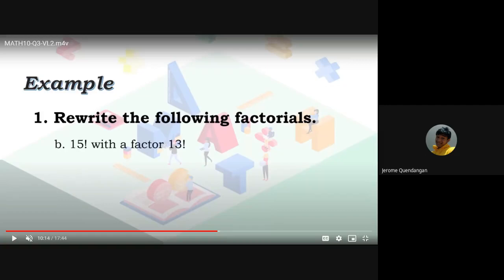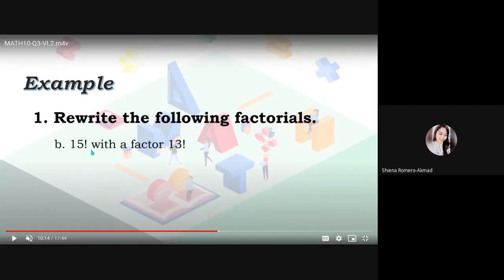Ma'am, 2,730. Yung 15 factorial, hanggang yung 13 lang, sinabi ko. Oh. So, ganito.